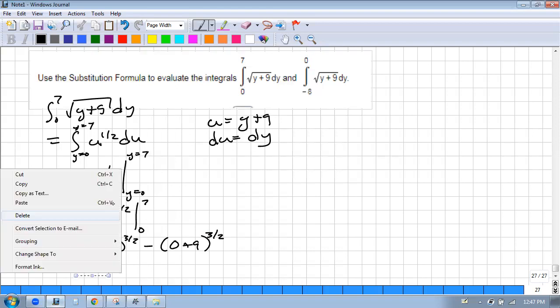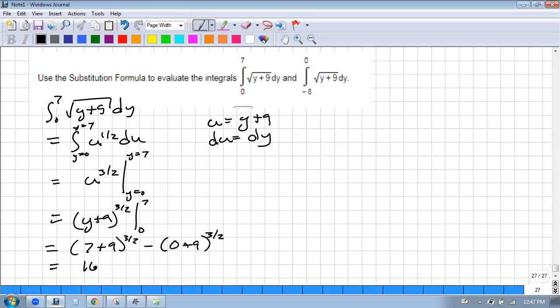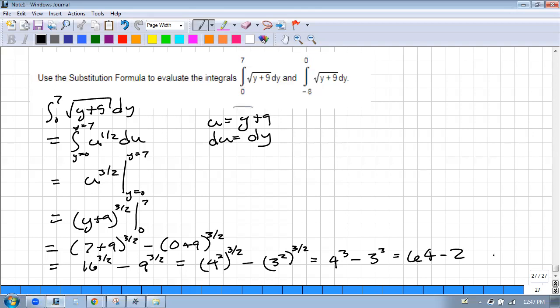No. 9 and 7 is 16 to the 3 halves minus 9 to the 3 halves. Let's see, 16 is 4 squared, and 9 is 3 squared. So this is 4 cubed minus 3 cubed, or 64 minus 27, whatever you subtract.